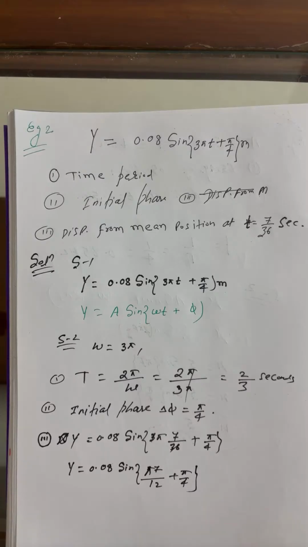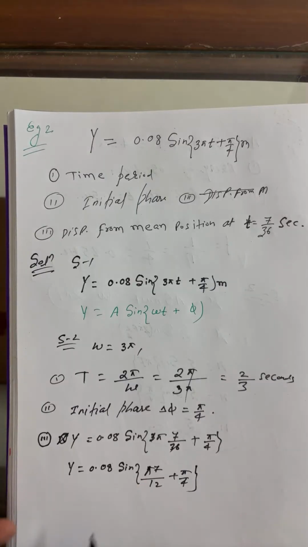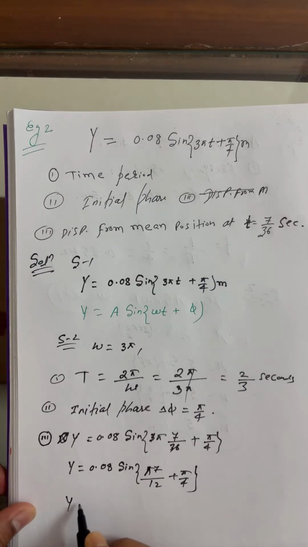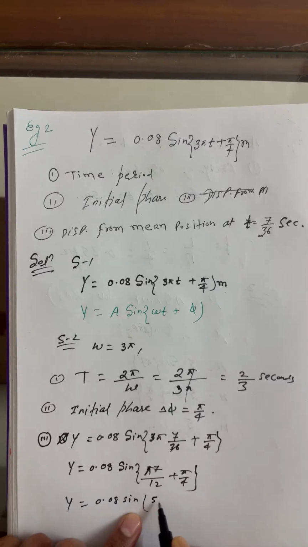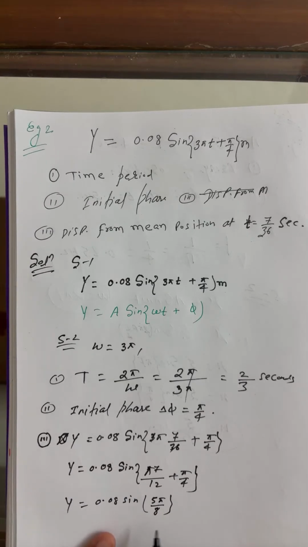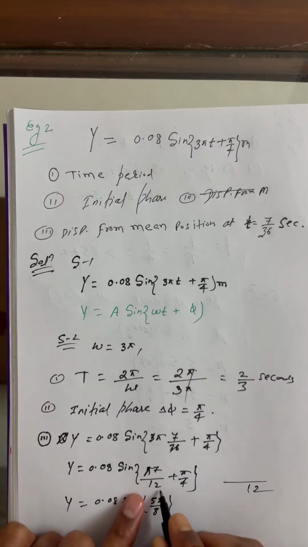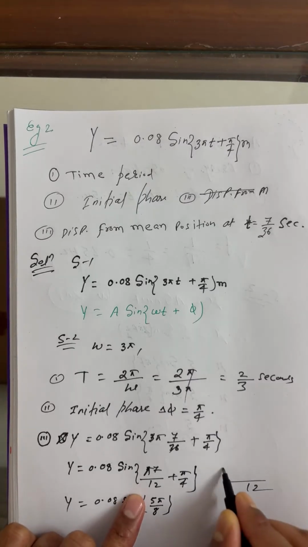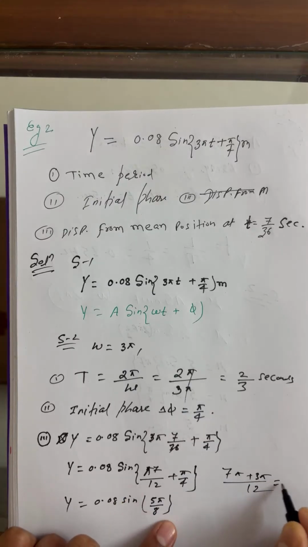Just take LCM here. You will get 12 as usual. Then 7 plus 3, because pi by 4 is 3 pi by 12. We get 10 pi by 12, so we get 5 pi by 6.